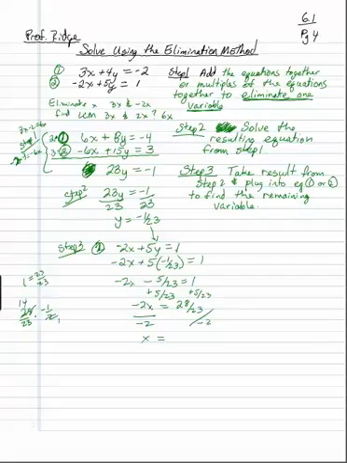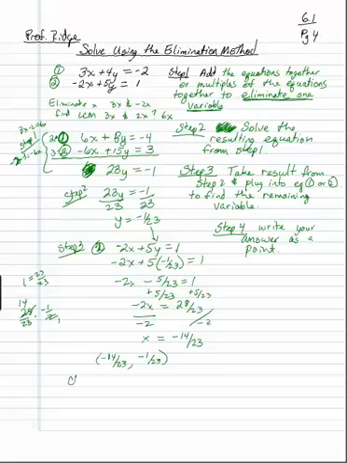I can cross cancel, and I get negative 14/23. Okay. So then, of course, the last step, really not a step, but I just like to emphasize it. You write your answer as a point. So that's -14/23, comma, -1/23.